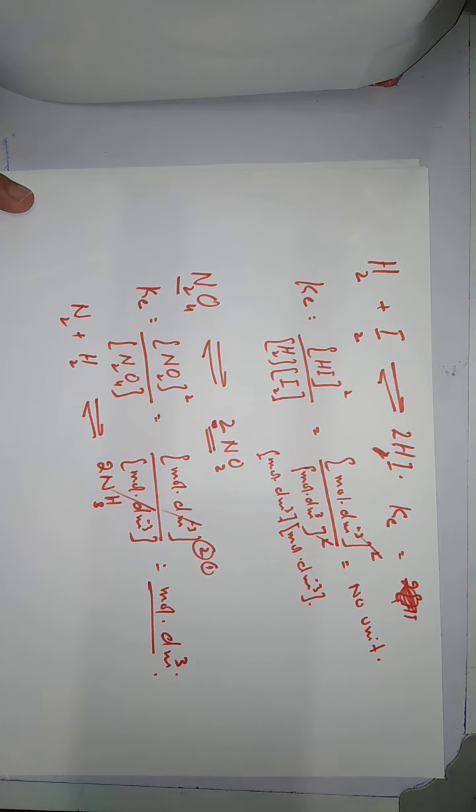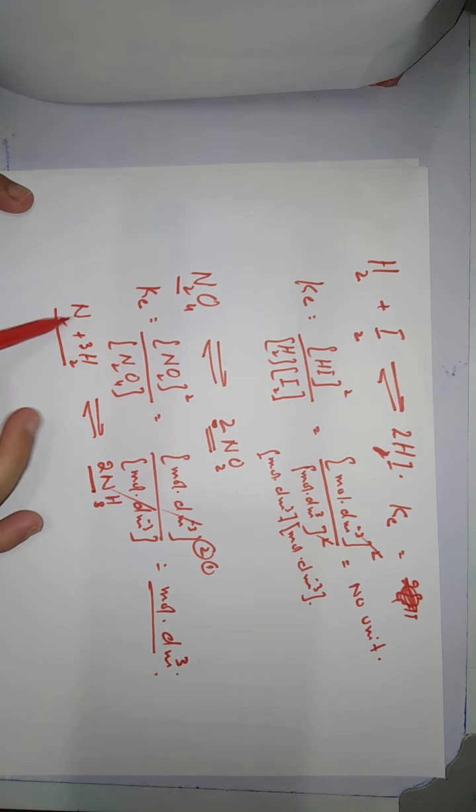Now we balance this chemical equation, then we put 3. 2 atoms of nitrogen, 2 atoms of nitrogen, 6 atoms of hydrogen, 6 atoms of hydrogen. Now you see that there are 2 moles of ammonia, whereas there are 4 moles in total at the reactant side. So at this time, the concentration of reactant is more than the concentration of product.